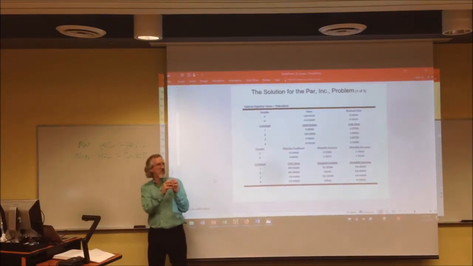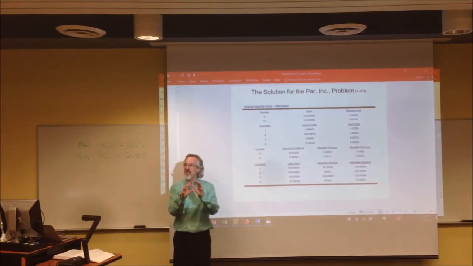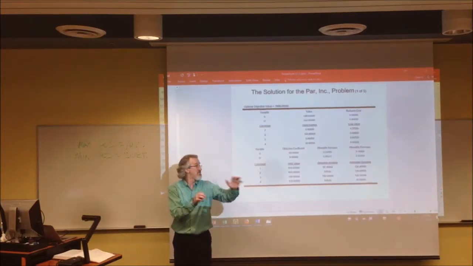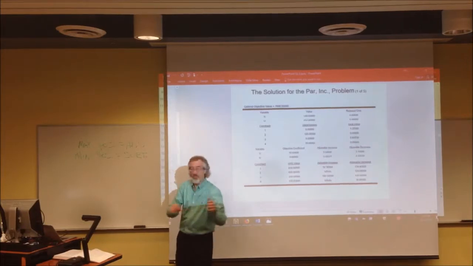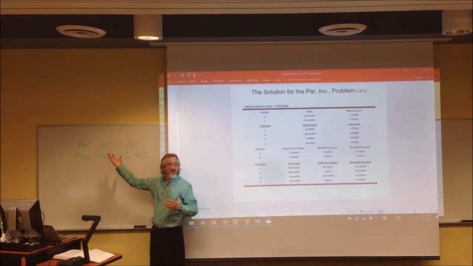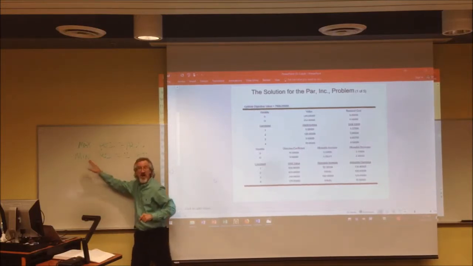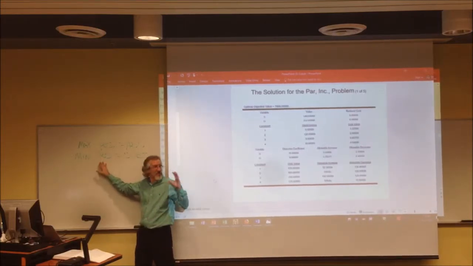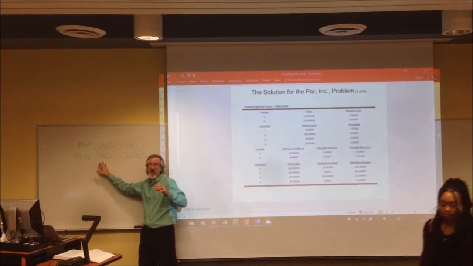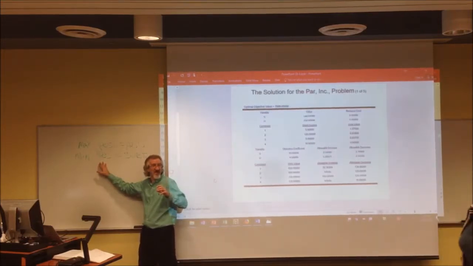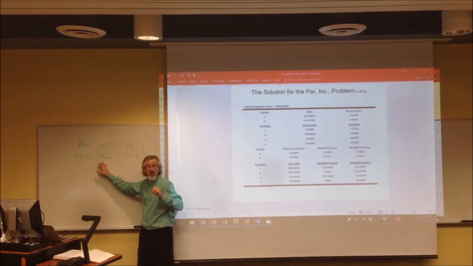For example, you got to the point where you go, I know this is supposed to have a negative effect, and I know this is a minimization, but this doesn't tell me anything about negative effect minimization. But it does tell you about a minimization positive effect. So if you have a minimization problem, and you're trying to figure out whether to add or subtract, and it's a negative effect, would you add or subtract?